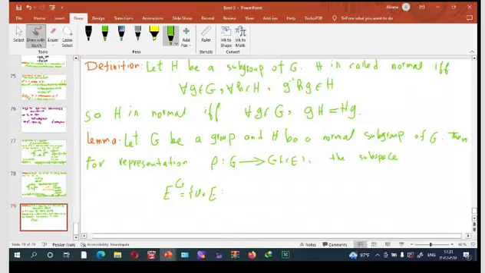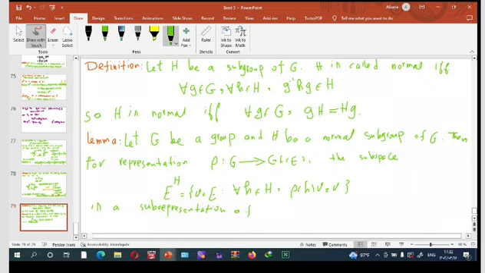Okay, E^H, for all h in H, rho_h of v equal to v, is a subrepresentation of E.